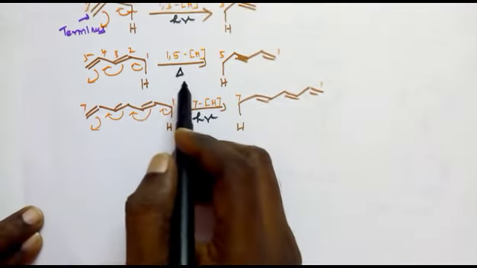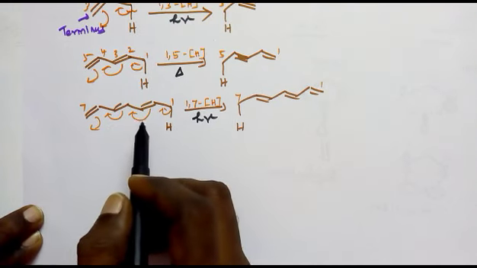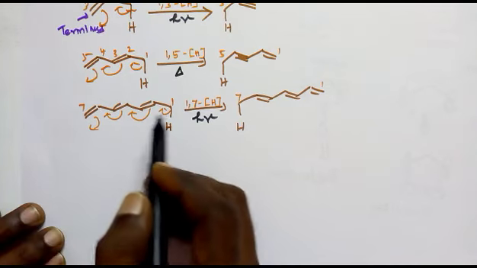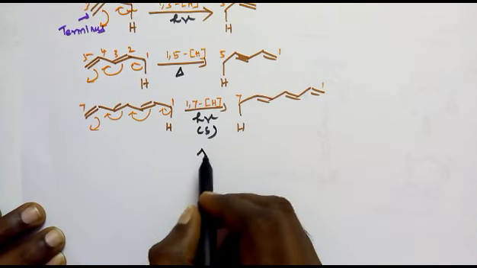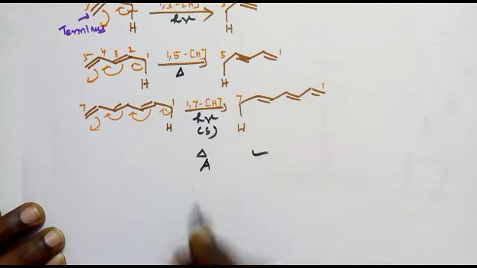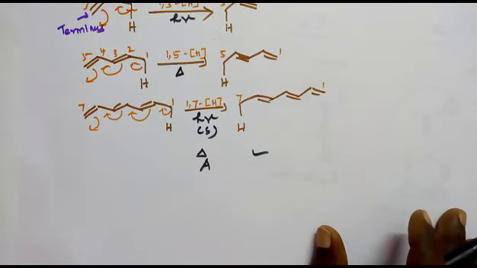Here only under thermal condition. But here it goes through a 7-membered cyclic transition state. Since the ring is bigger, supra is allowed, photochemical also allowed. If we use photochemical condition, suprafacial. In case we use thermal condition, it is antarafacial. Both are possible because the ring is bigger in the transition state.